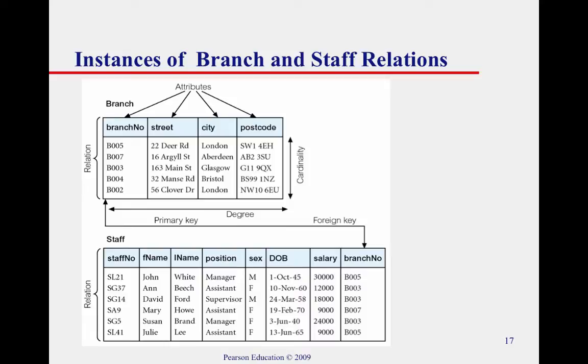Anyone else spot a potential candidate key in there for a branch? There's another one possibly lurking in there. Okay. Postcode, very good.